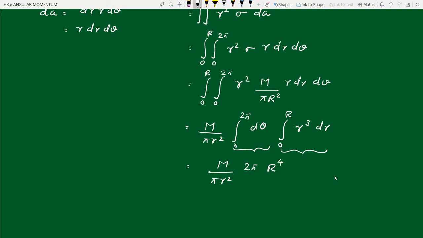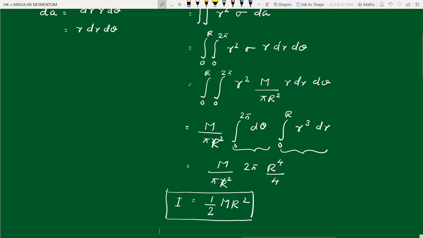When you put the limits, we get capital R raised to 4 by 4. Look here: in the integrand we have capital R square, so when you take it outside, it should be capital R square. Now when you simplify this, what you get is simply half M R square. The same value that we obtained by method 1. So both method 1 and method 2 lead to the same result, as it should be.